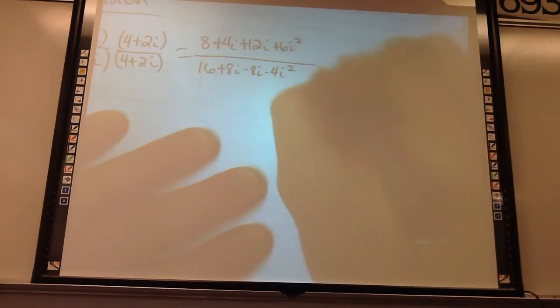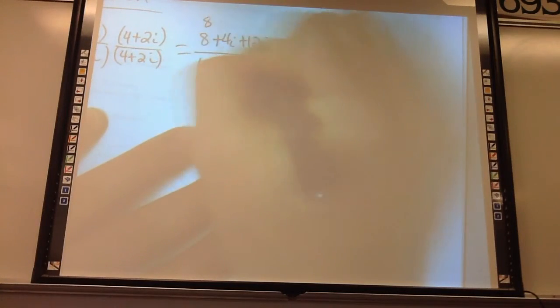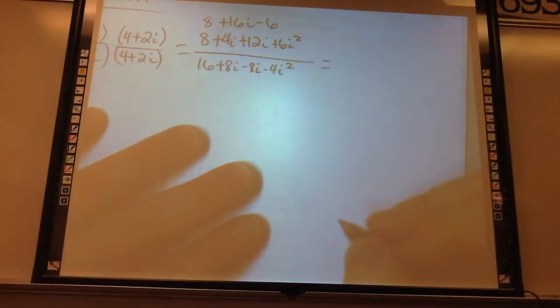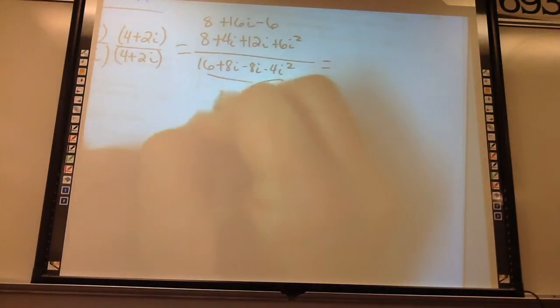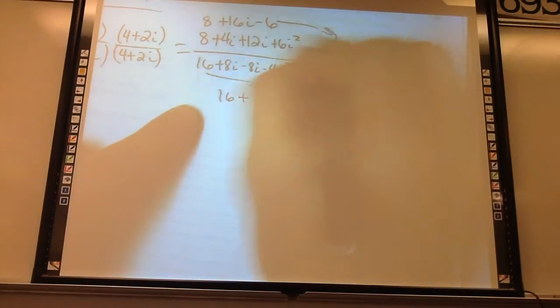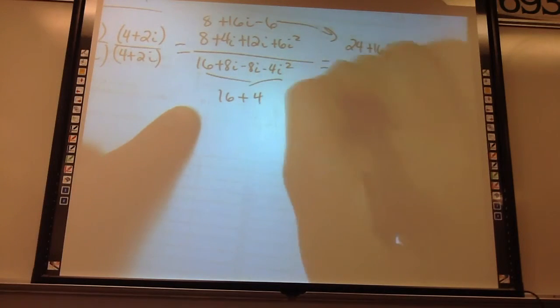Then simplify each one. So on top, that's 8 plus 16i minus 6. And on bottom we got 16 plus 4, so 20.